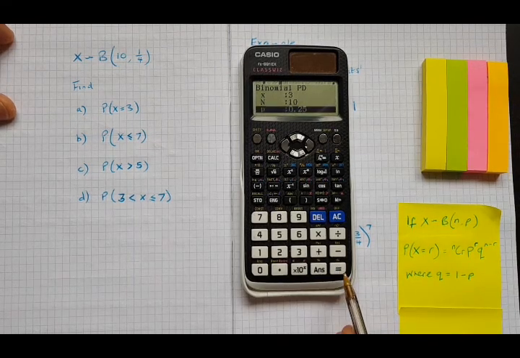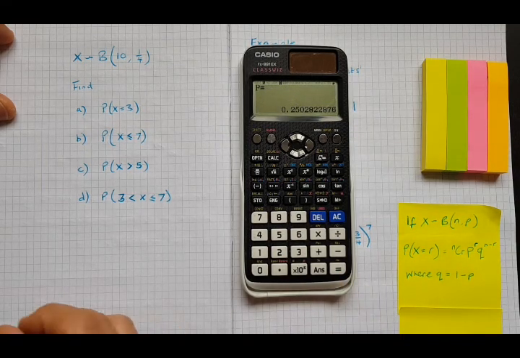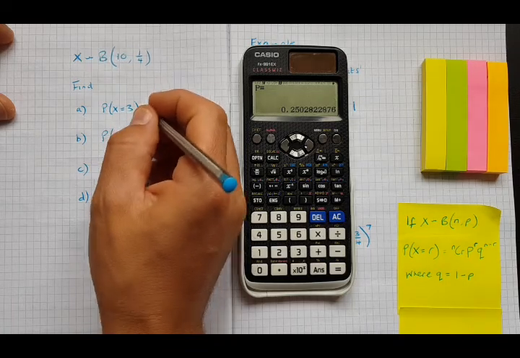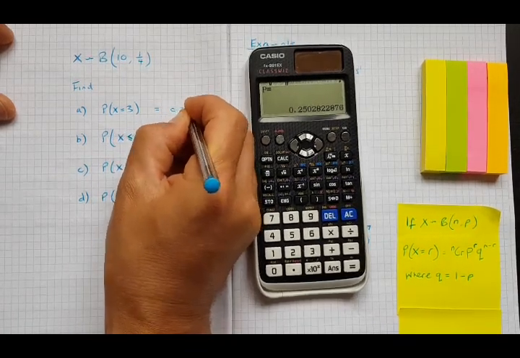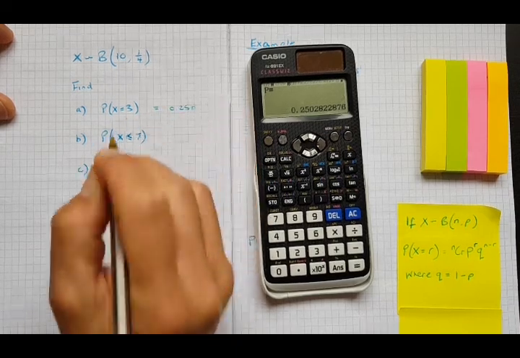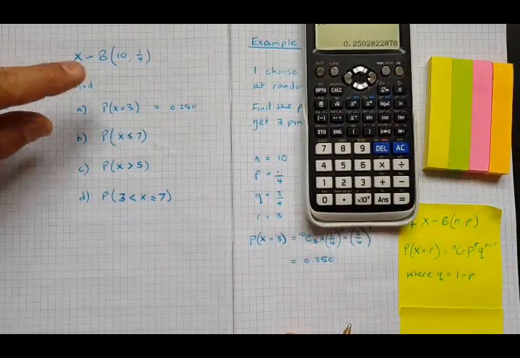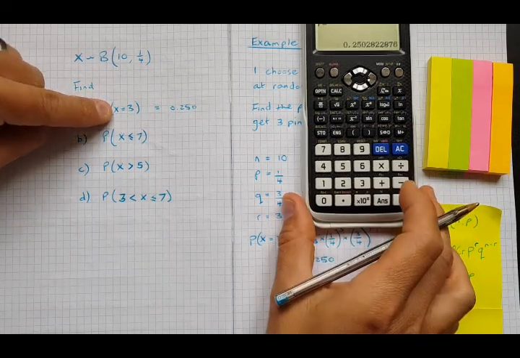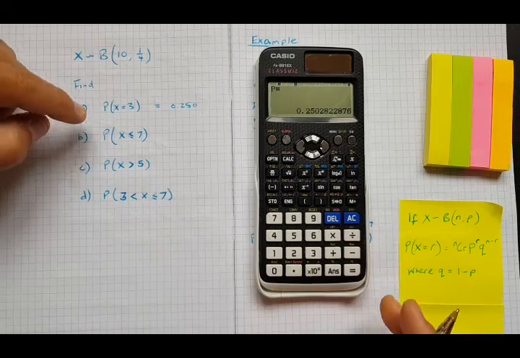And if we press equals, we get the answer 0.250. So that is a value that we already knew because we had calculated it with our formula here. So if we want to work out a fixed amount of successes, that's how we can do it.